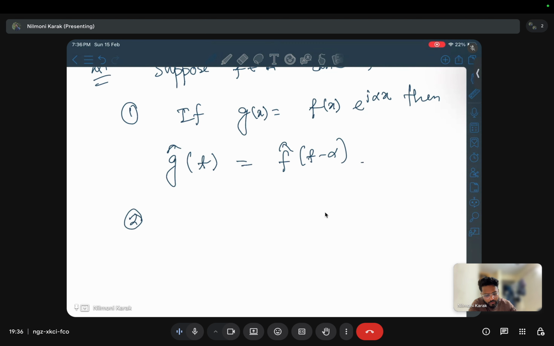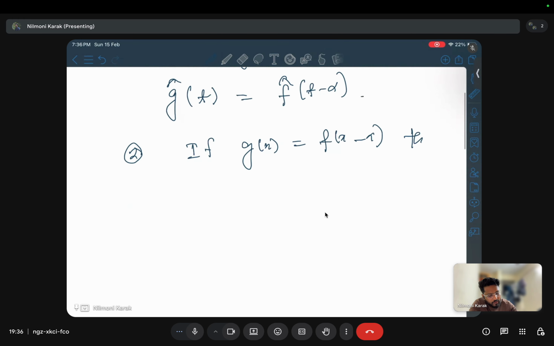And the other way, if g(x) equals f(x minus alpha), then g hat of t equals f hat of t times e to the power minus i alpha t.